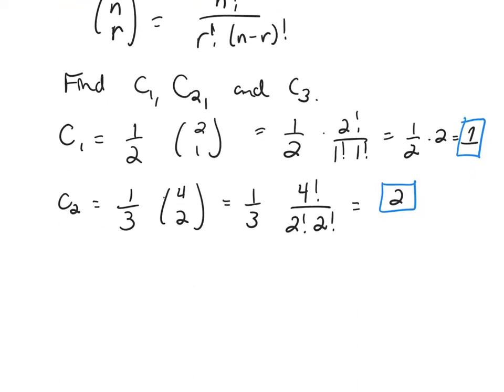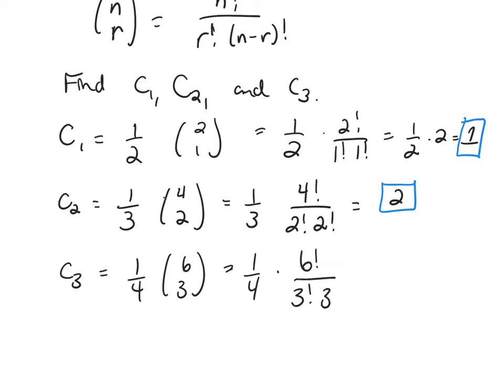Let's find C3 now. Again, you plug in n equals 3 into the formula: 1/4 times 6 choose 3, or 1/4 times 6 factorial over 3 factorial times 3 factorial. If you simplify all that, you should get 5.